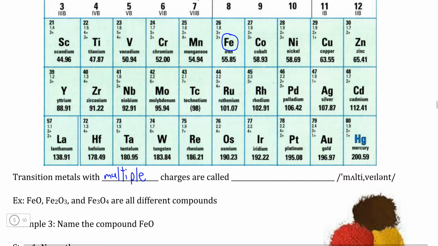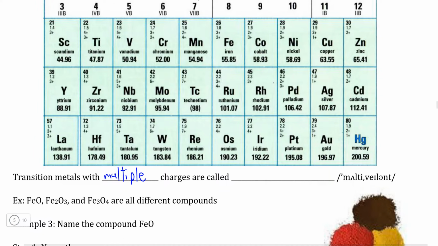So we can see that iron can form an ion with a positive 2 charge or an ion with a positive 3 charge, and there are even some transition metals that can have up to 3 different charges depending on the type of compound that it's in.